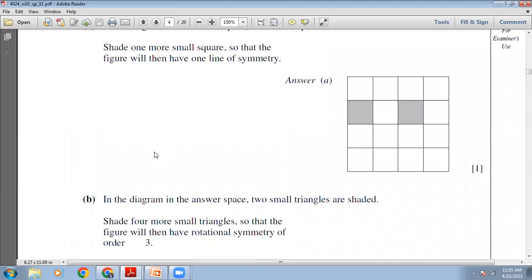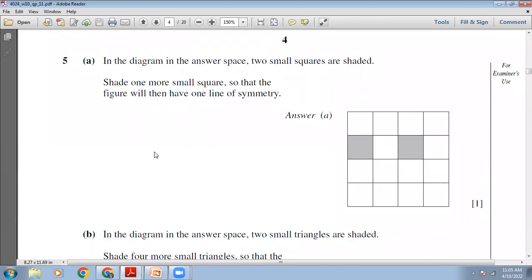The next part. He says in the diagram in the answer space, two small squares are shaded. Shade one more small square so that the figure will have one line of symmetry. A line of symmetry is a line which divides an object into two equal parts.